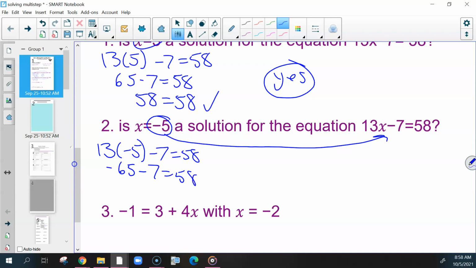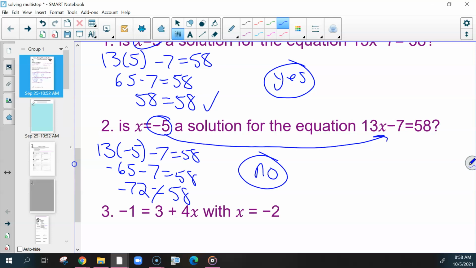Negative 65 minus 7 gives us what? Negative 72. Is this a true statement? Do these equal one another? No. So this is not a solution.